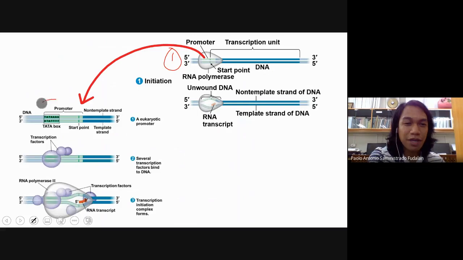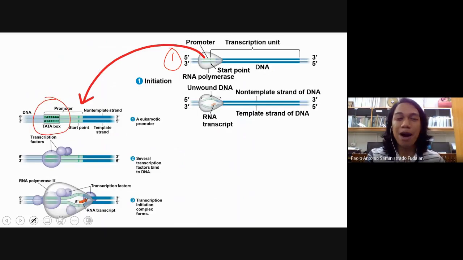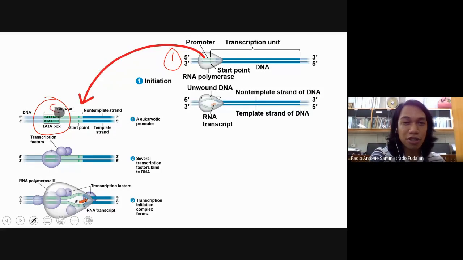We have what we call the TATA box, because it's made up of a TA sequence in the DNA. So this TATA box is also known as the promoter region. And that's the indicator where the RNA polymerase will start.